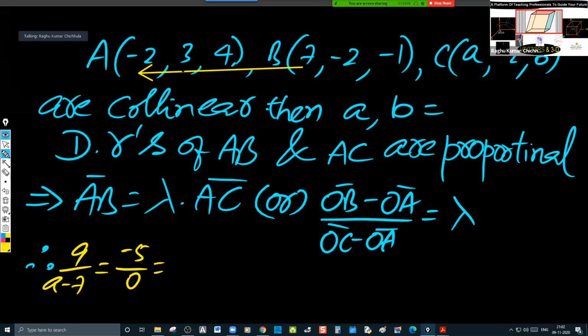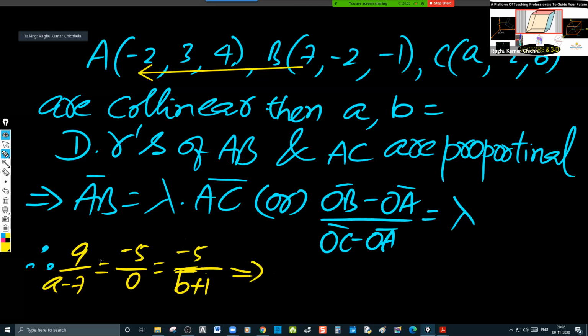So this is minus 2 minus 3 minus 5, minus 2 plus 2 is 0, and minus 1 plus 4. Minus 1 minus 4, minus 5, and it is b plus 1. Generally, whenever the denominator is containing 0, we'll be worried. But here it's no problem because it is a ratio.